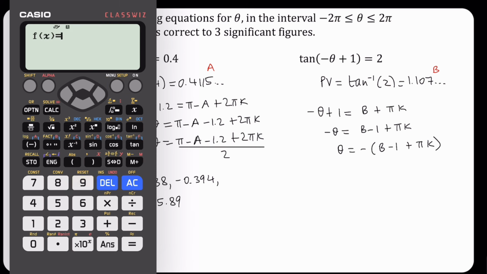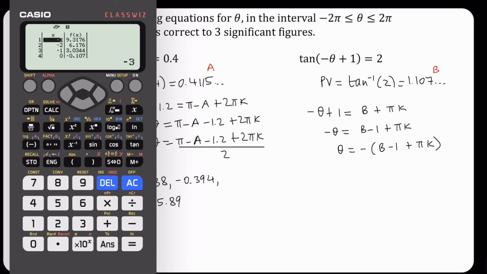F of x is minus (B - 1 + pi x). I'm going to leave the g of x empty, and I will start at negative 3 and maybe go up to 3, step every one, and all I see here are the solutions.